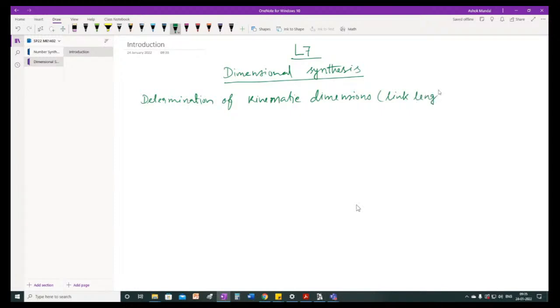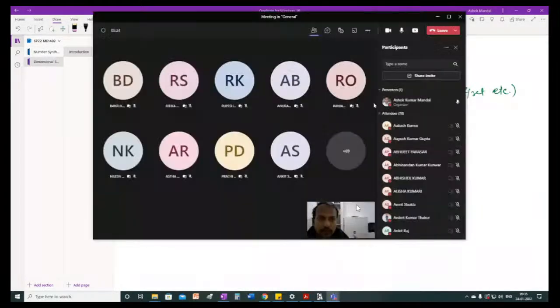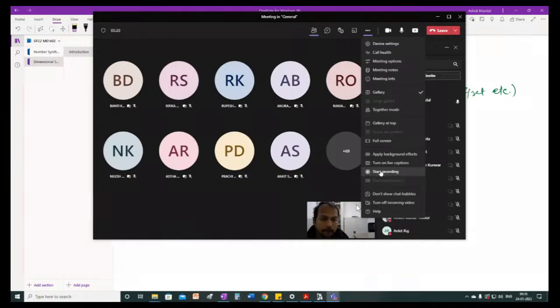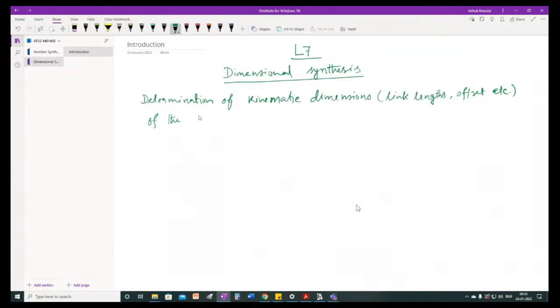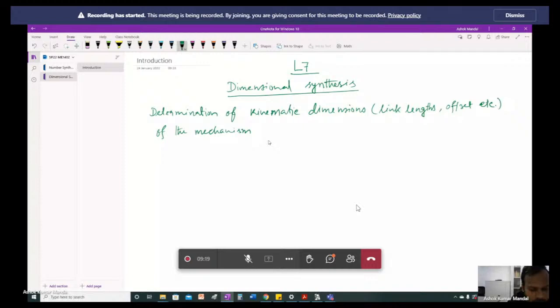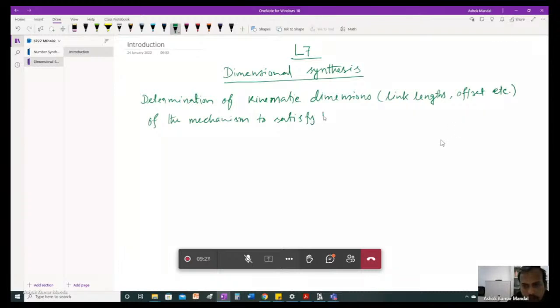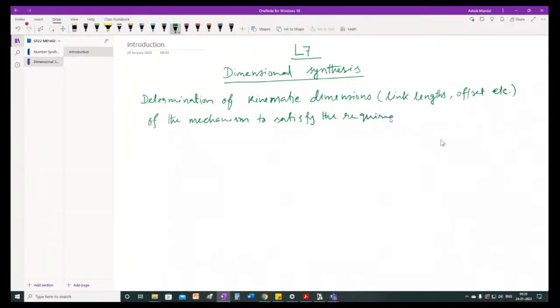Like link lengths, offset, this kind of dimensions of the mechanism to satisfy the required motion characteristics.